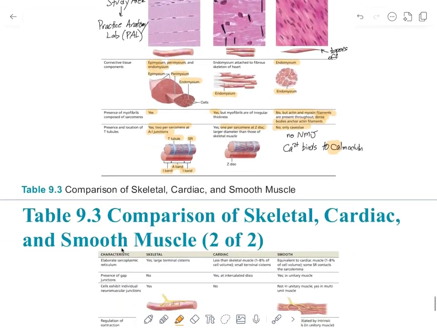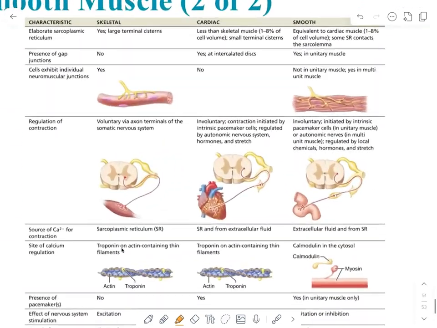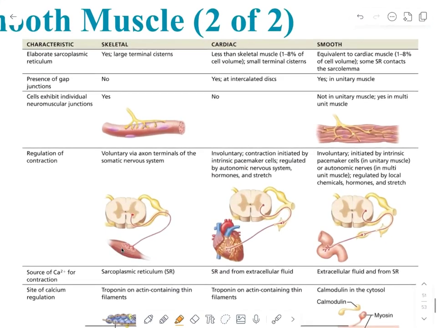When we look at the rest of that chart, the sarcoplasmic reticulum is very elaborate in skeletal muscle. There's not as much in cardiac because a lot of the calcium comes from the extracellular fluid. And smooth muscle is very similar, because a lot of that calcium also comes from the extracellular fluid.